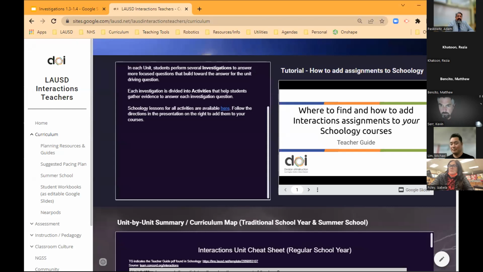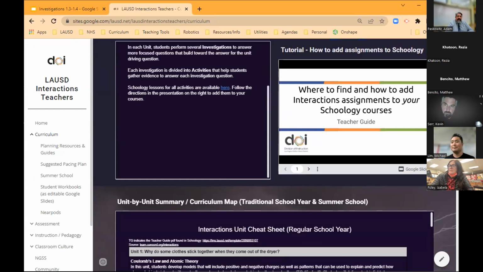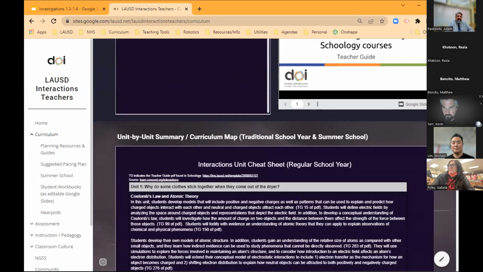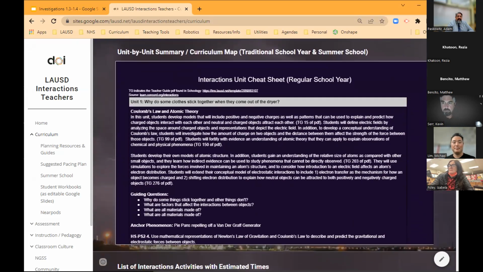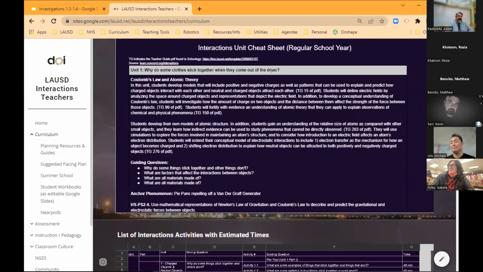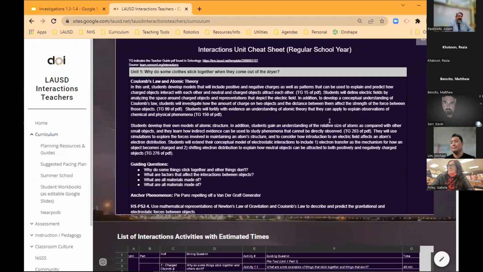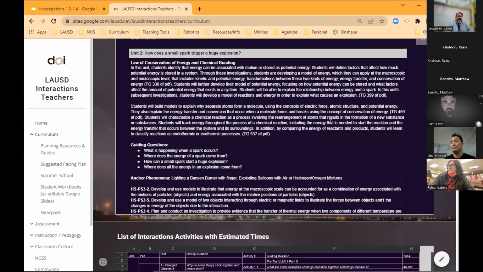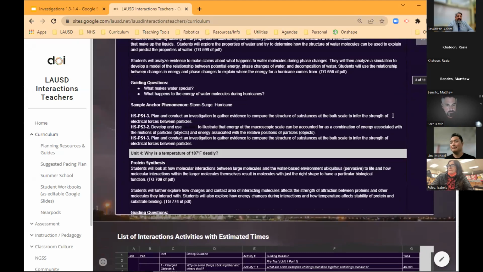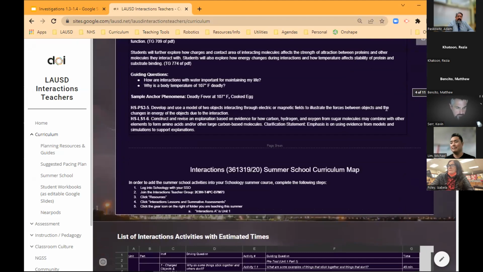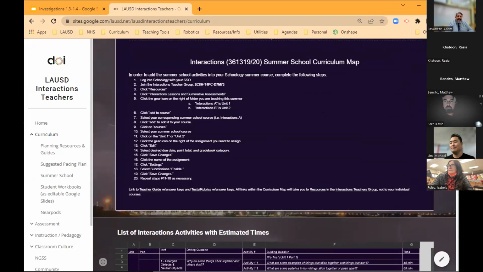There is a pretty detailed unit by unit summary here. Sorry, my computer is rather slow to load. So we have this, it's called a cheat sheet, but it's really a good detailed breakdown of the entire year.